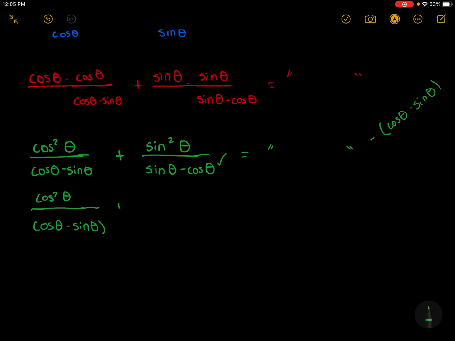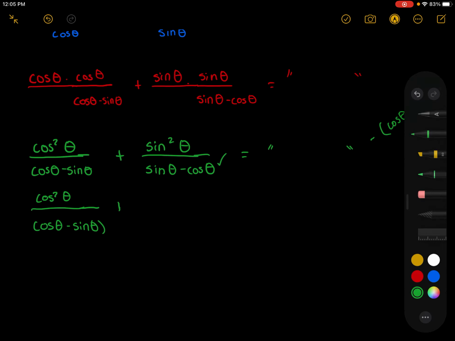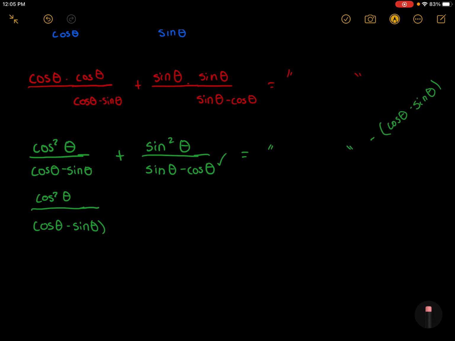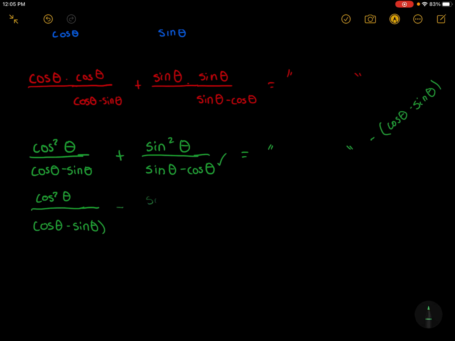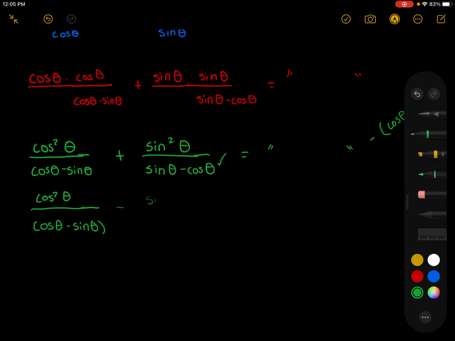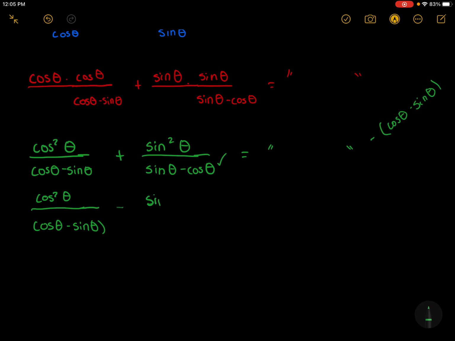And so, again, we're taking out a negative 1. So actually, let's write that step so that we don't lose anything. So that's going to be minus sine squared theta divided by cosine theta minus sine theta.